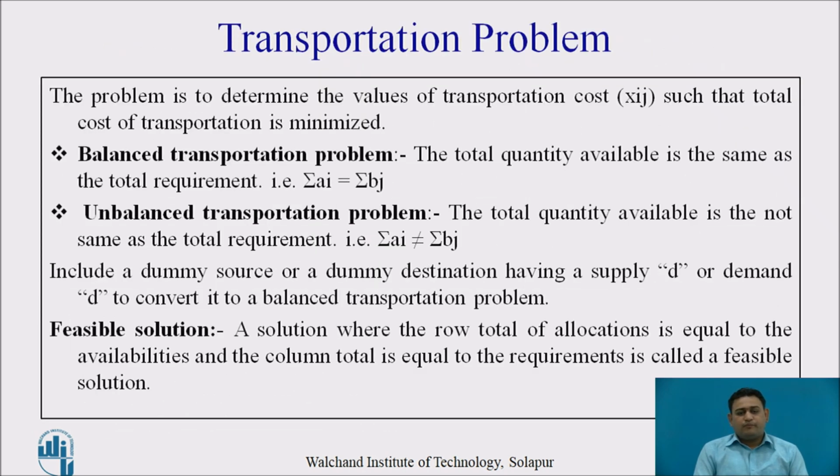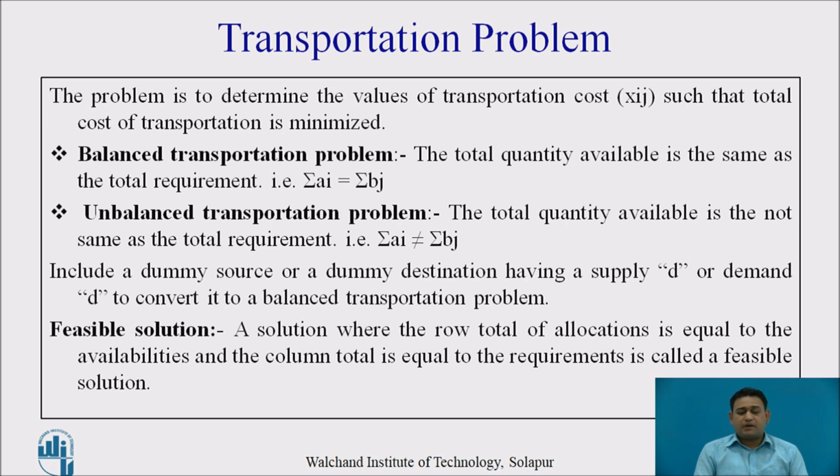Before starting to solve the transportation problem, we should confirm whether the given problem is a balanced or an unbalanced transportation problem. A balanced transportation problem is when the demand is equal to the supply, or the availability is equal to the requirement.